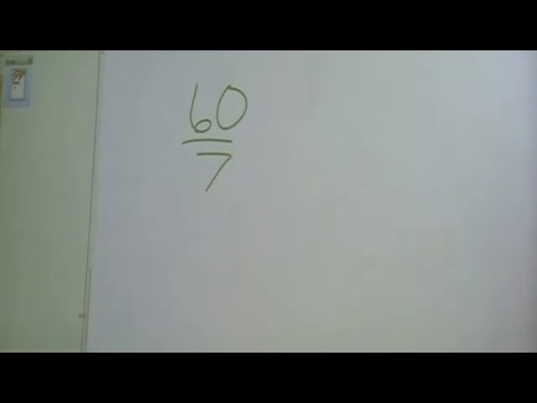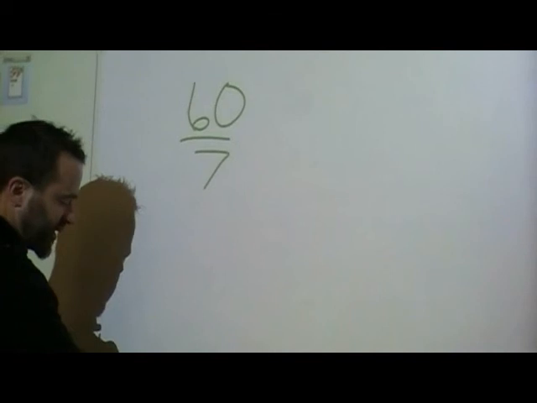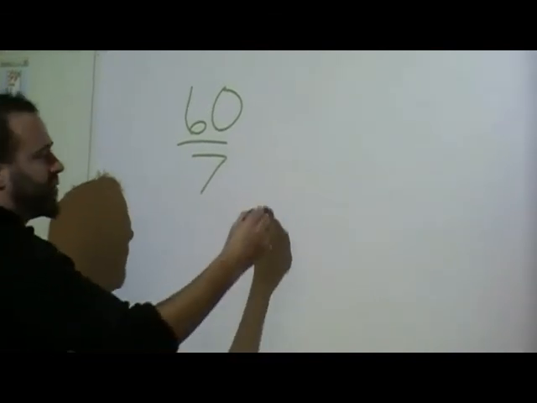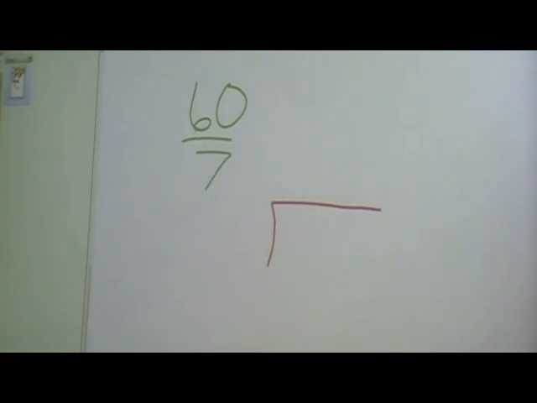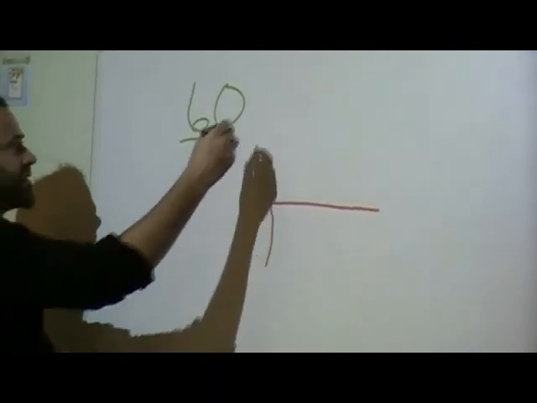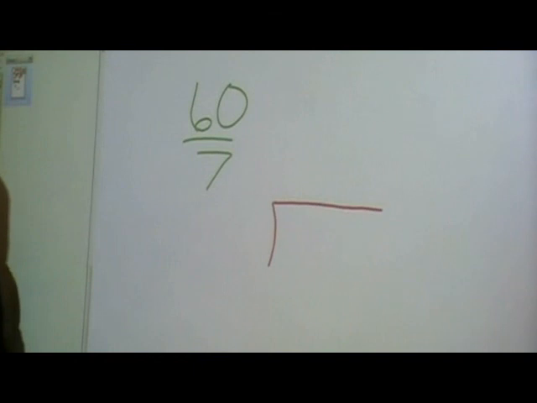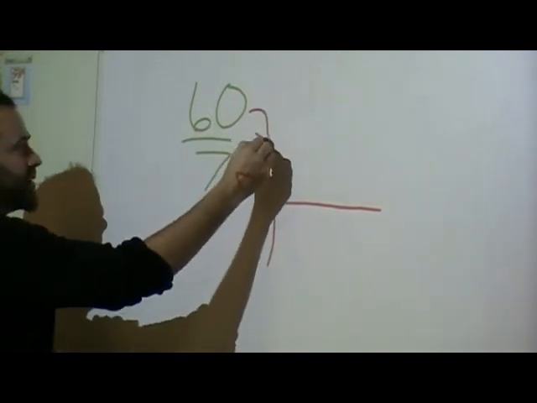Alright, so we're going to do long division. There's one way. If we have big numbers, it's easier for us to do long division. And to remember which number goes inside and which one goes outside, we need to drop the top number down.